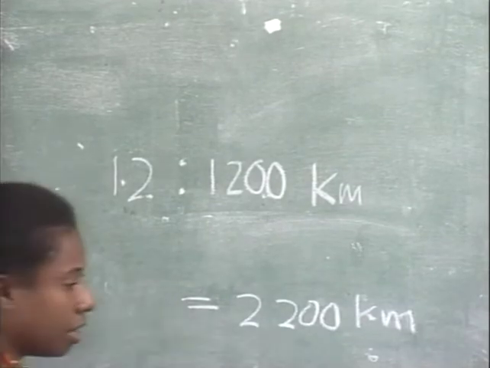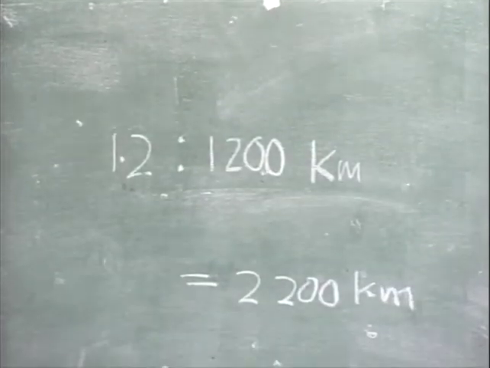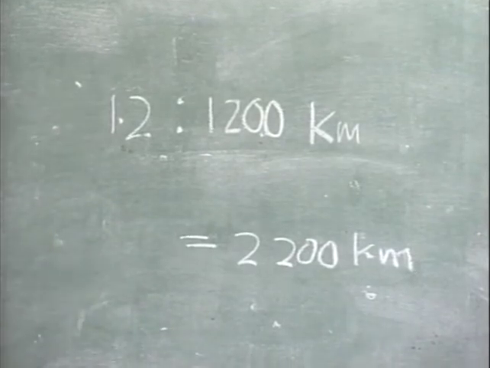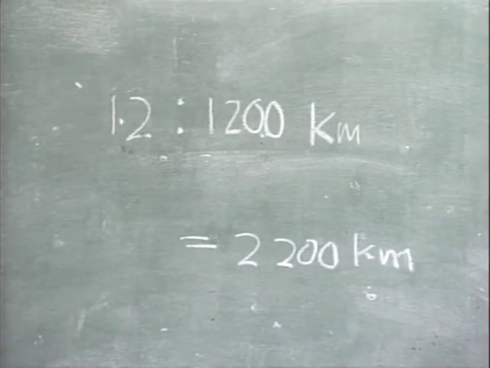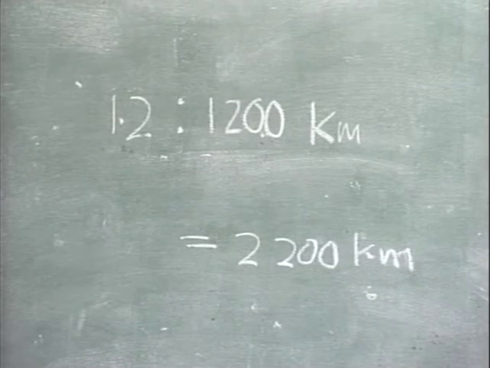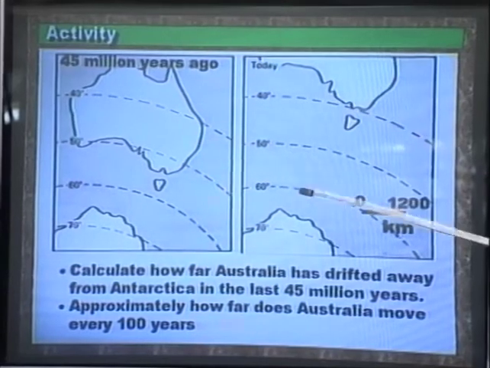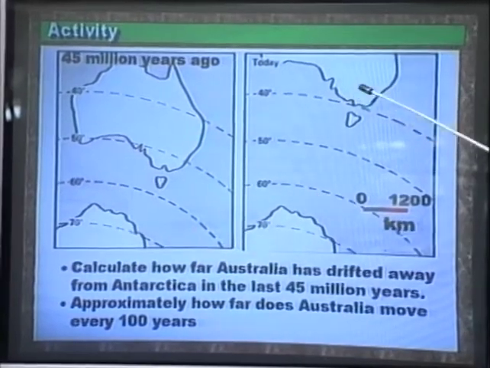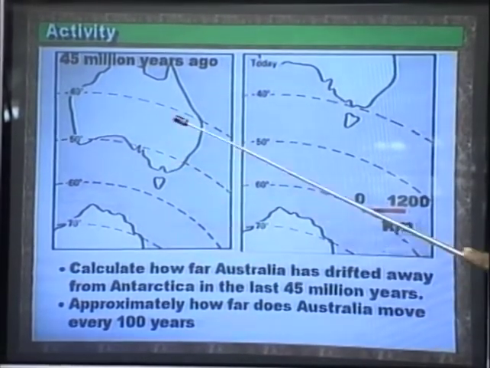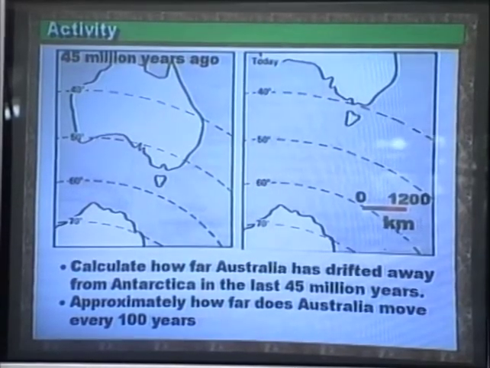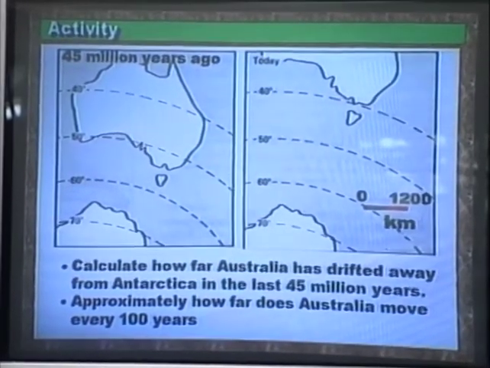If you measured according to how I wanted you to measure yesterday, and that was to look at the closest point of Antarctica to the mainland, not so much this particular island, we decided to leave that out. So if we measure from here to the mainland, the approximate distance for 45 million years ago would be approximately 1.8, yes.